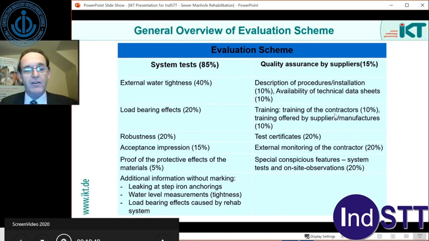We wanted to know whether the contractor staff had been trained and what sort of training was available to people who use this equipment and materials, and whether there were test certificates available, and what sort of external monitoring or monitoring program did the contractor have in place to ensure that what they installed was done correctly. And finally, we look out for anything conspicuous. So if there's anything that occurs during the evaluation that was not anticipated in advance but is considered to be significant, that gets a mention as well.